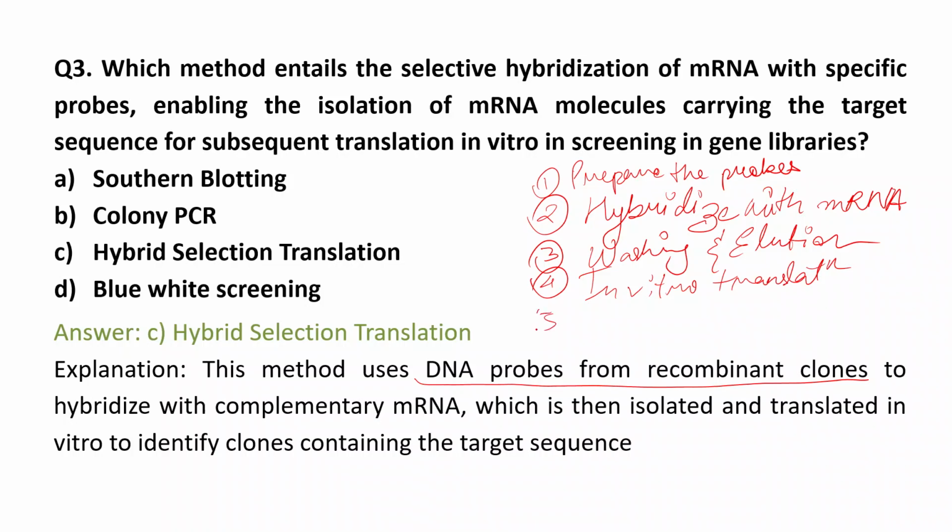And after this in vitro translation is done, you can go for protein analysis, in which you can analyze the translated proteins using techniques like electrophoresis or immunoprecipitation, to detect the protein of interest which corresponds to the target mRNA. So the hybrid selection translation is the correct answer.